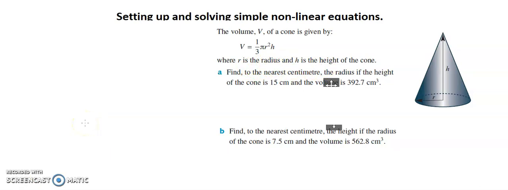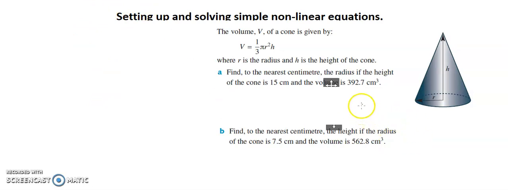Find, to the nearest centimeter, the radius if the height of the cone is 15 centimeters and the volume is 392.7 centimeters cubed.